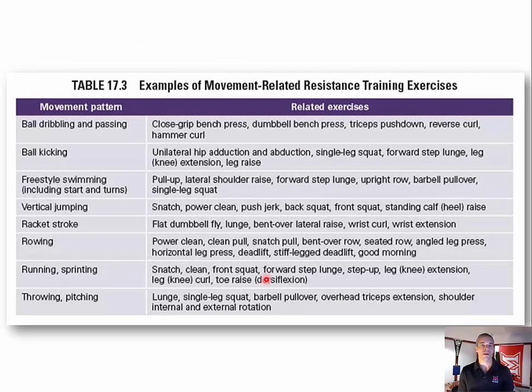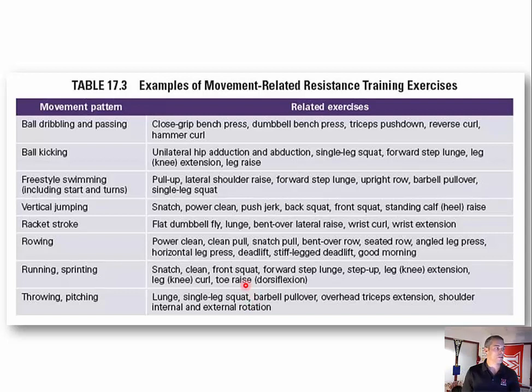What you see in this table is a list of examples of movement-related or sport-specific resistance exercises. And what we know about including sport-specific or movement-related resistance exercises in a resistance training program is that the more similar the training activity is to the actual sport movement, the greater the likelihood that there will be a positive transfer to that sport.